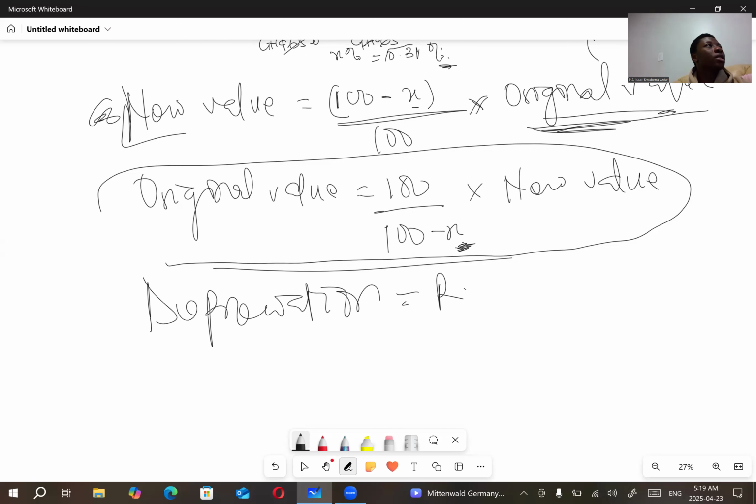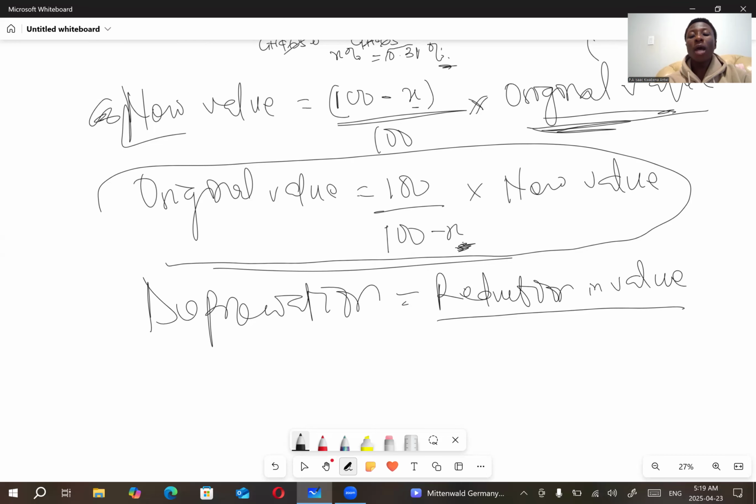When you make X the subject there, you arrive at, how do I even put it? You notice that what you get will be the reduction in value. When I say reduction in value, I'm trying to say that how would you know the reduced value? If I tell you the original price and I tell you the new price, listen to what I'm saying well.